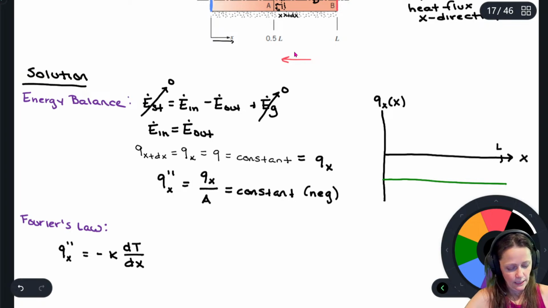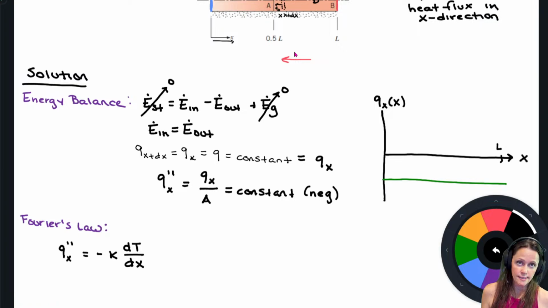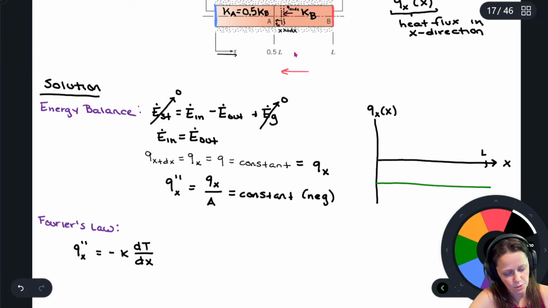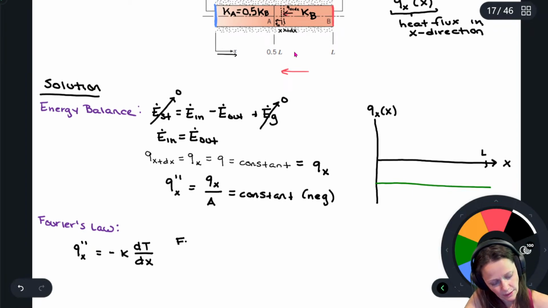Perfect. But I've got to be careful because I've got two thermal conductivities. I've got one defined from 0 to 0.5 L and then 0.5 L to L.